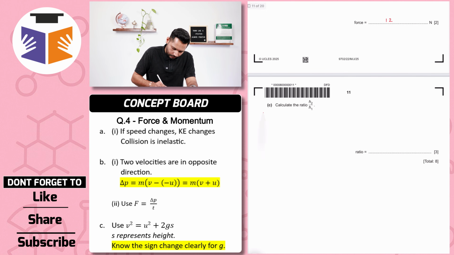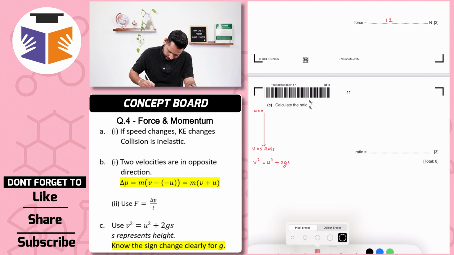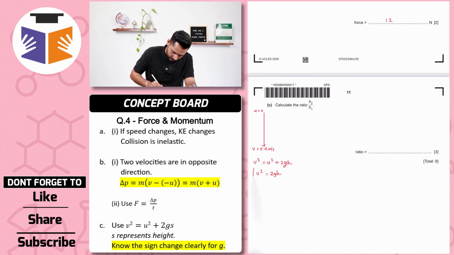Now, when the ball is coming downward, its initial speed is 0 and the final speed is 5.2 meter per second. So we can use formula v square equals u square plus 2gs, and in place of s we can write h1. So v square equals 2g h1.